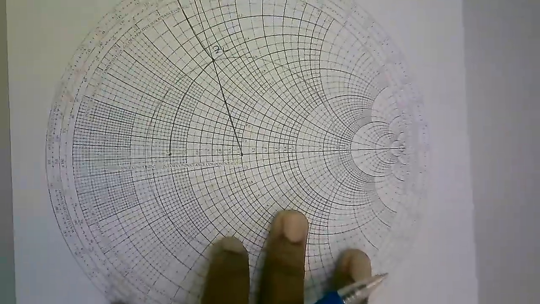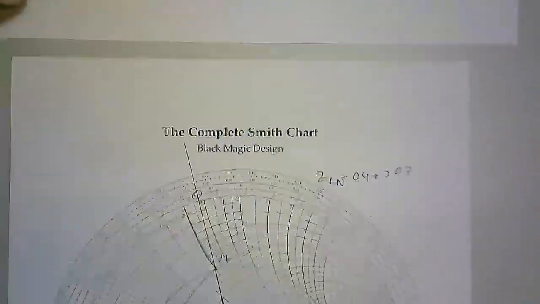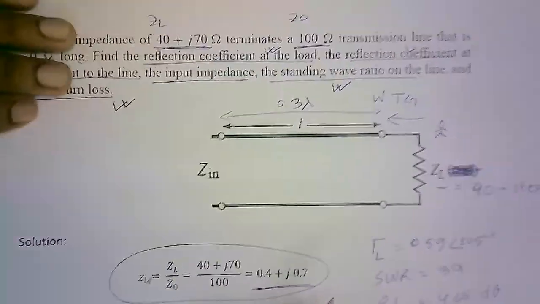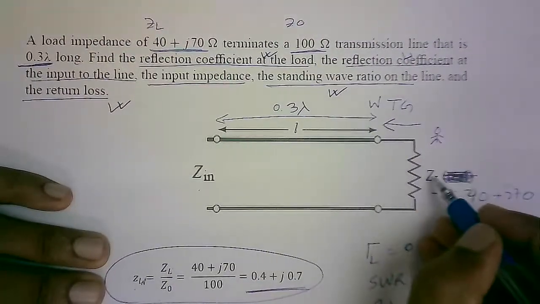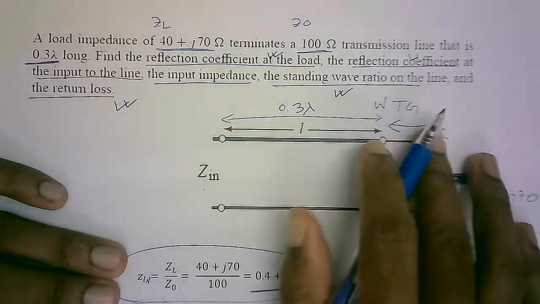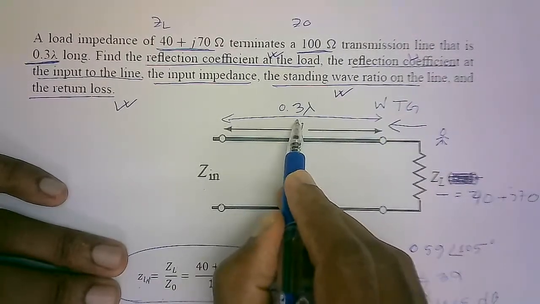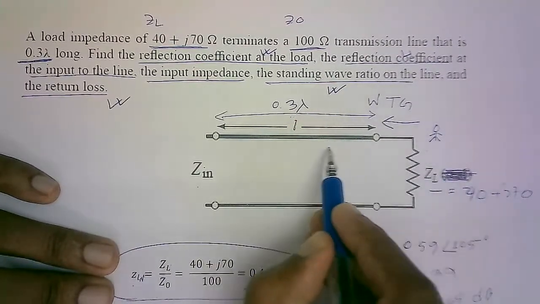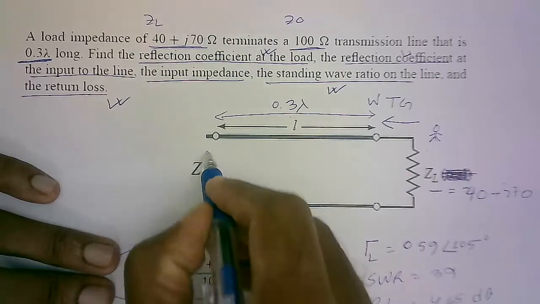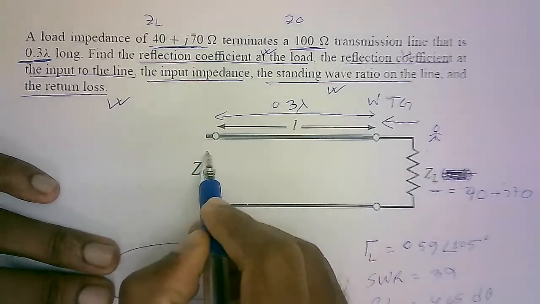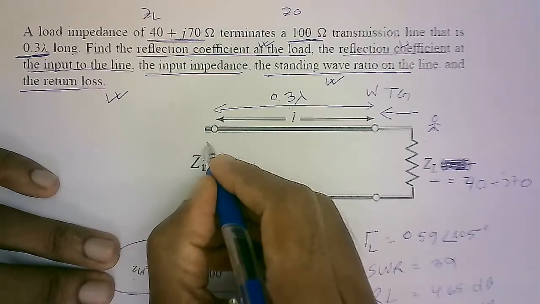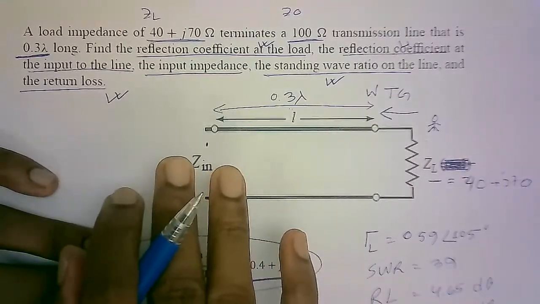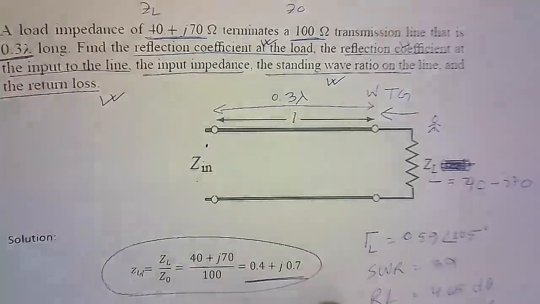Now we're going to find the reflection coefficient at the input of the line and the input impedance. To do so, we need to use the fact that the line is 0.3 lambda long. It means that from here we need to travel towards the generator to find our source, where we will find our input impedance and input reflection coefficient.